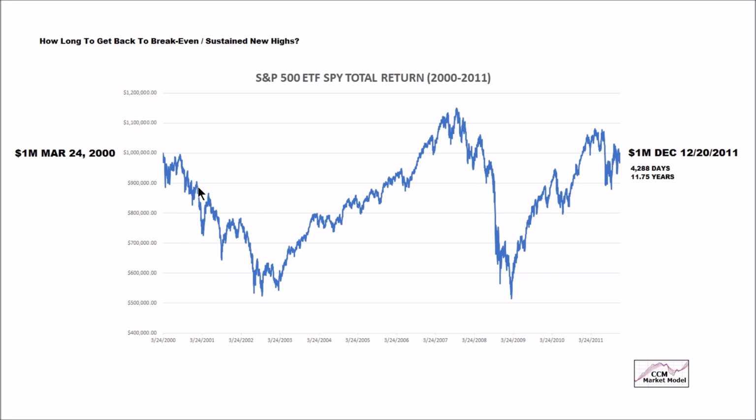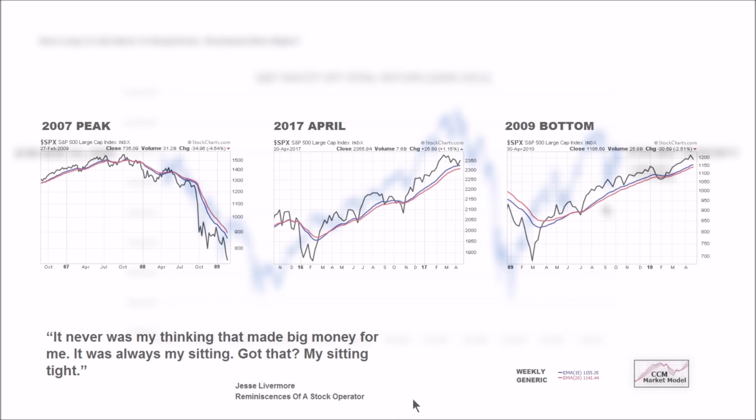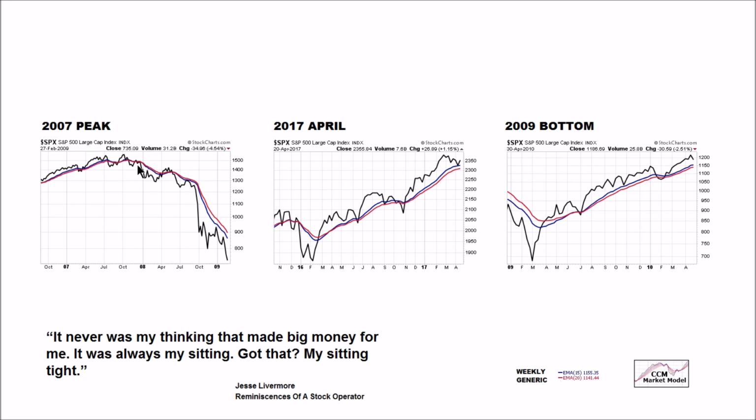Given this 11.75 years represents an incredible opportunity cost relative to our investment capital, and given the model would take defensive action when the weight of the evidence, and we're using these for illustrative purposes only, when the weight of the evidence shifted. How does this quote fit in to our game plan?